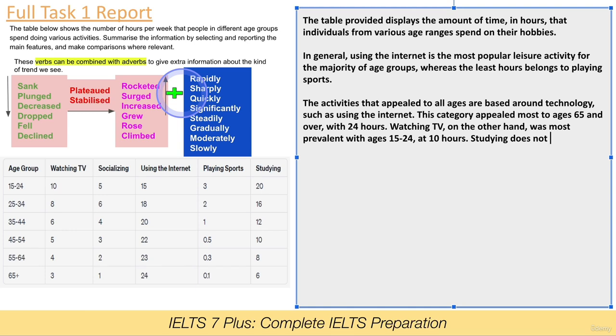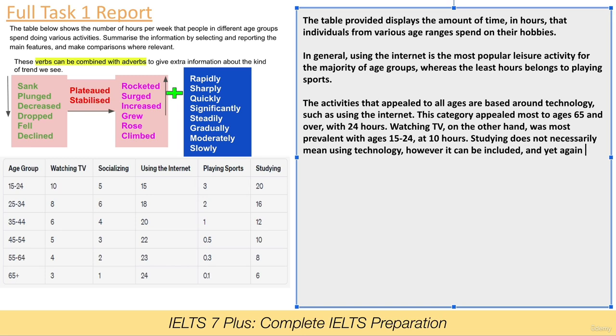We're writing the whole words here. Studying does not necessarily mean technology. However, it can. Does not mean using technology. However, it can be included.